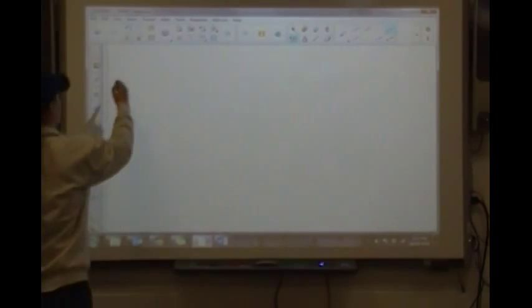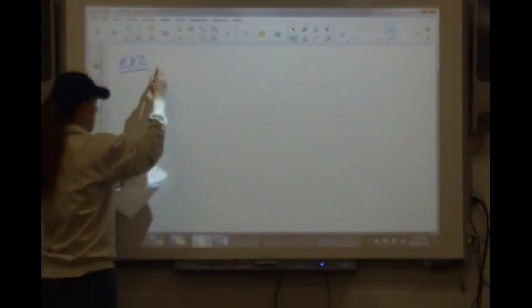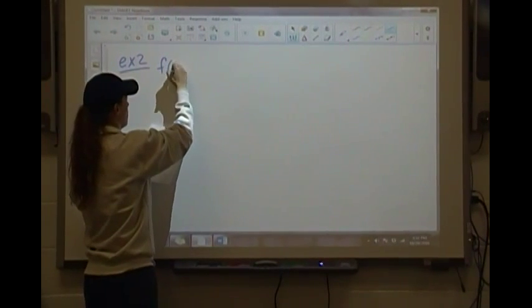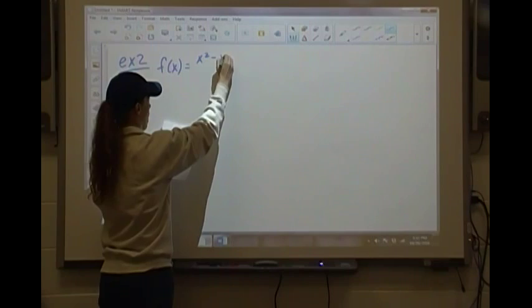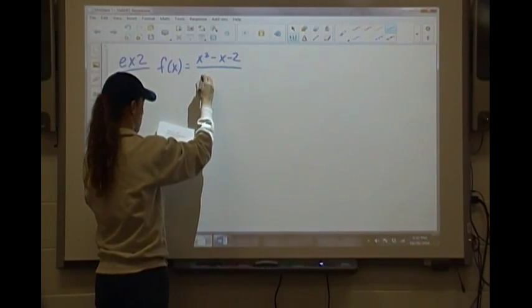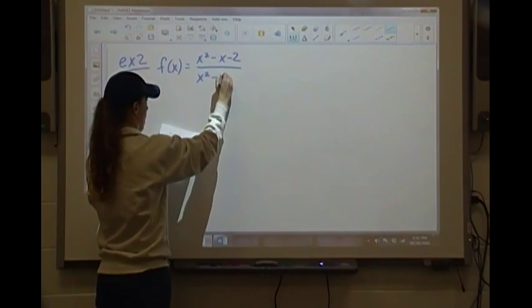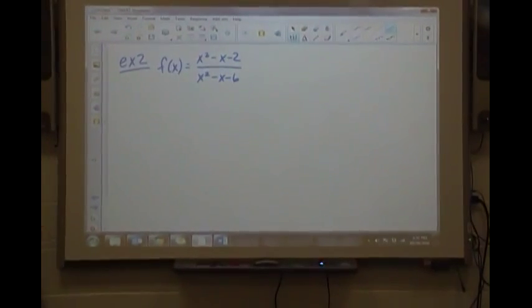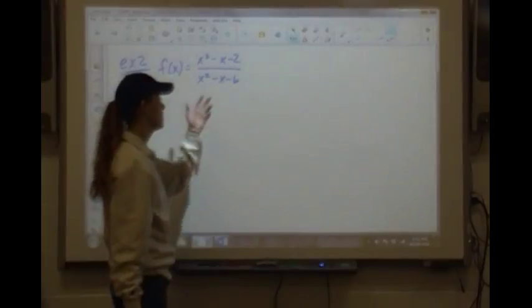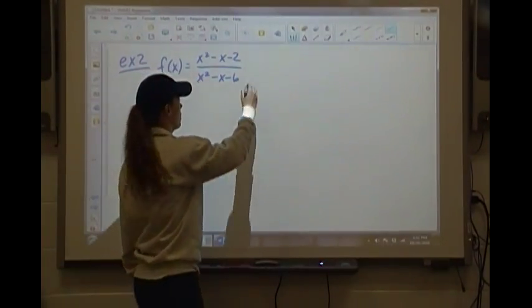Our next example, we're going to take a look at the function f of x is equal to x squared minus x minus 2 over x squared minus x minus 6. I find it simpler to find our vertical asymptote, horizontal asymptote, and solutions if we factor first. So we're going to do that here.